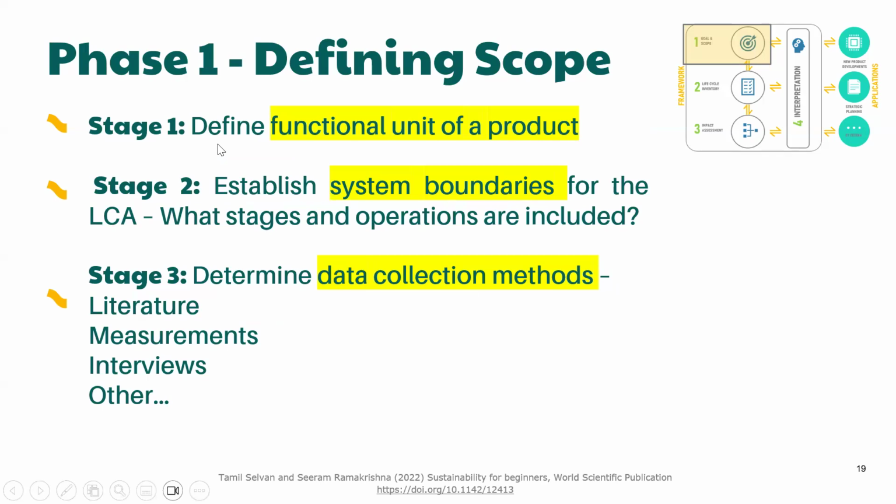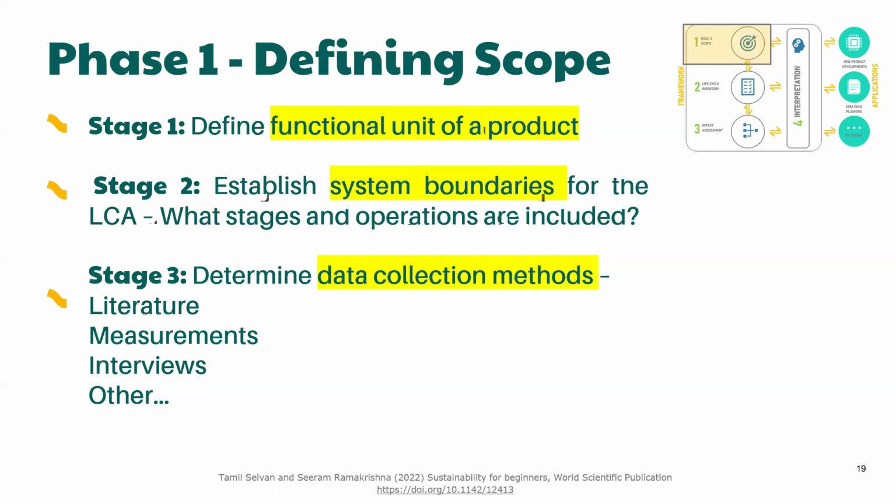Once you have designed your scope, now you have to understand the stages. Within the scope, we have different stages. As I said earlier, stage 1 focuses on the functional unit, which is your coffee cup, and stage 2 focuses on your system boundary.